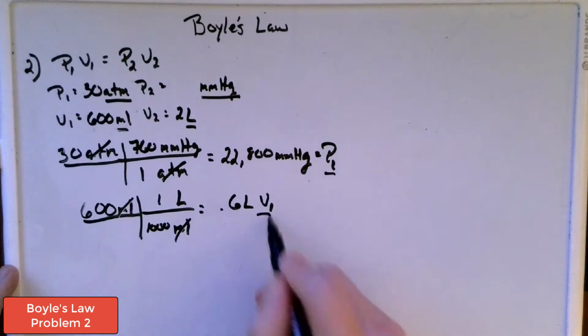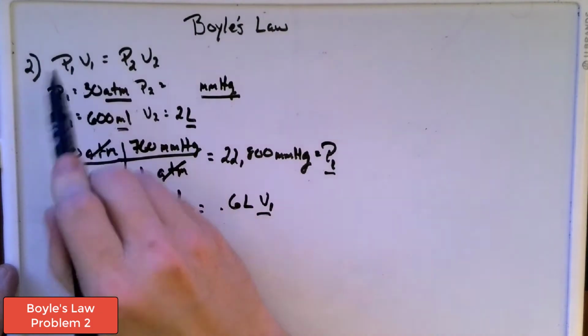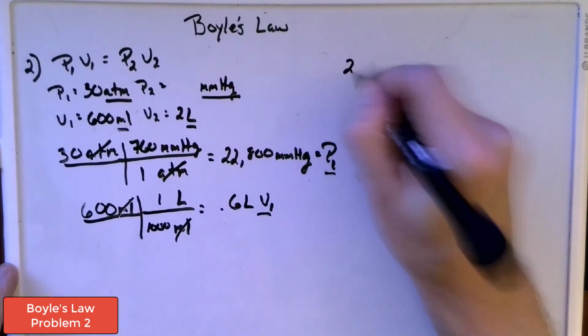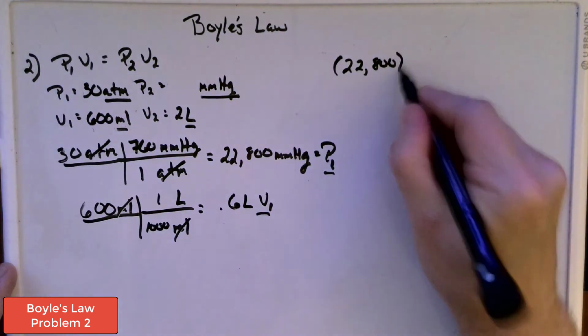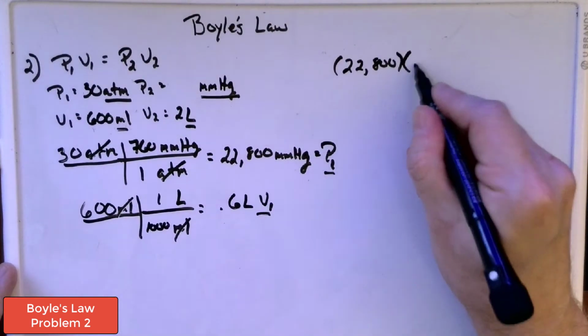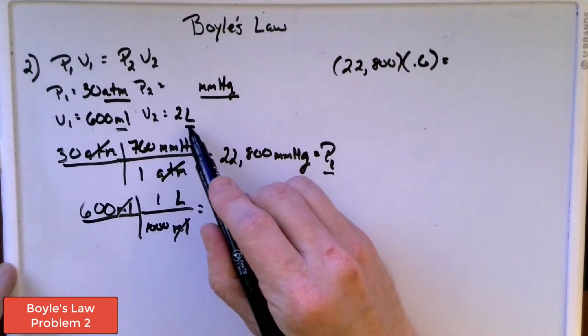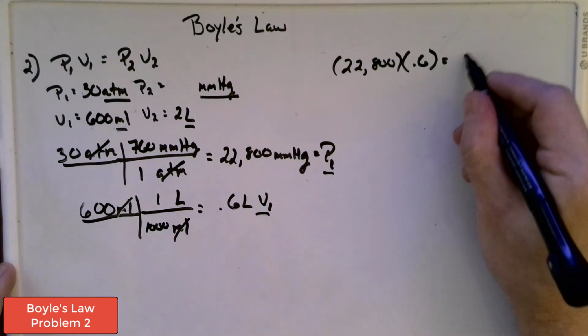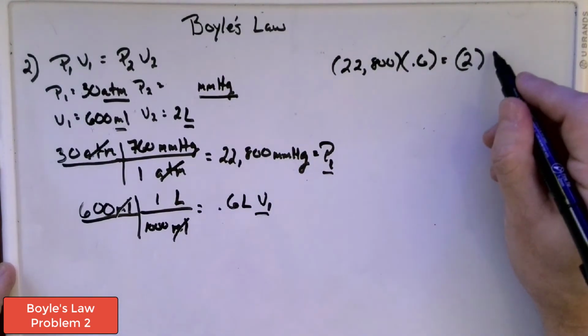Now that I have new variables for V1 and P1, I can plug them in. Pressure 1, the very first variable, is now going to be 22,800. Volume 1 will be 0.6. Volume 2, we know that to be in liters. We made no changes, so simply 2 liters. But we knew V2, and we don't know pressure 2.